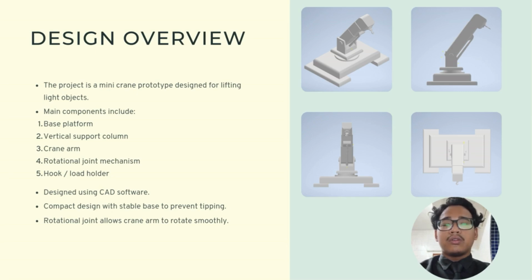Finally, the hook or load holder is attached at the end of the crane arm, which is used to carry the load securely. From the image shown on the right, we can see the CAD design of each component, including the base, arm structure, and joint mechanism. The design was developed using CAD software to ensure accuracy and proper assembly. Overall, this compact design focuses on stability, ease of movement, and efficient lifting performance.